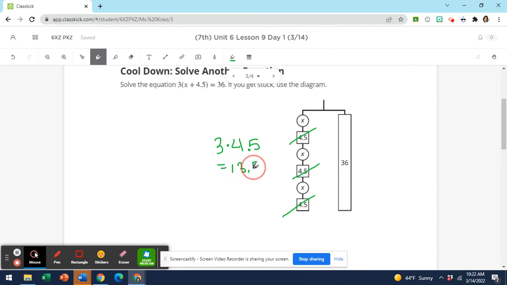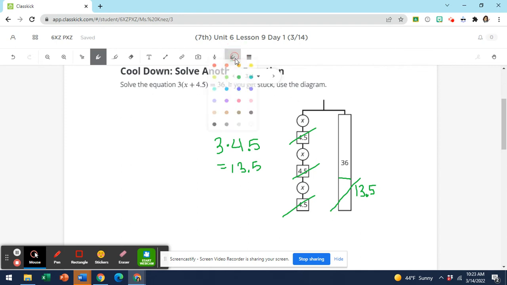Now remember, whatever I do on the left side of the diagram, I also need to do on the right. And so if I take away 13.5 on the left side of the diagram, on the right side of the diagram, I also need to take away 13.5. And so I'm going to get rid of 13.5 on both sides.